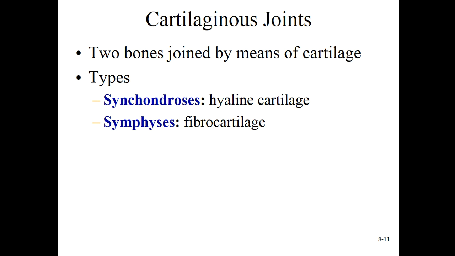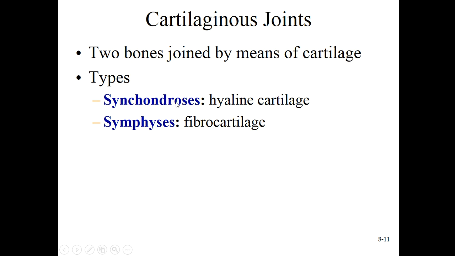Cartilaginous joints, two bones joined by means of cartilage. The two cartilaginous structural classifications are synchondroses and symphyses. And notice that it is the type of cartilage, as well as the location, that differentiates one from the other.